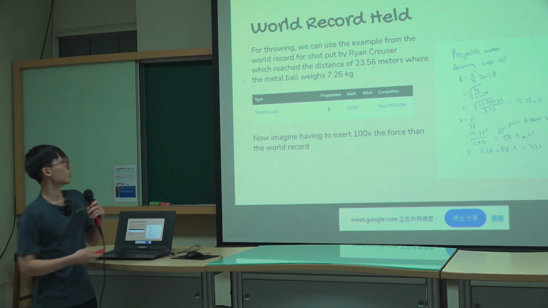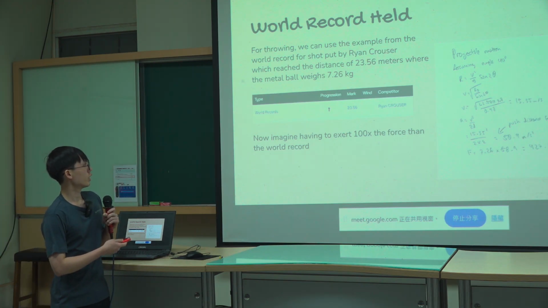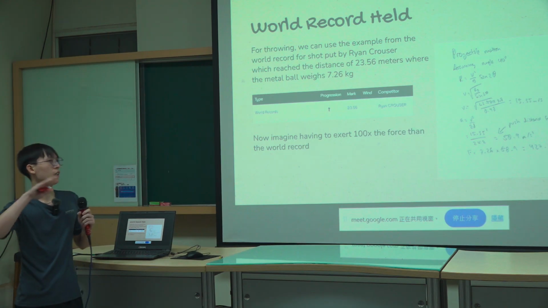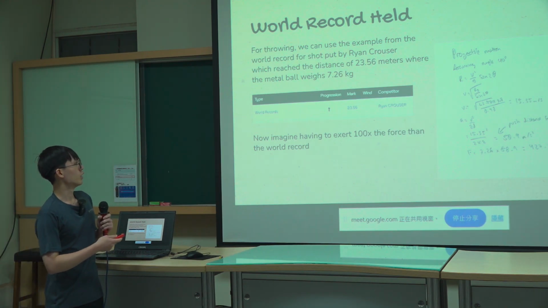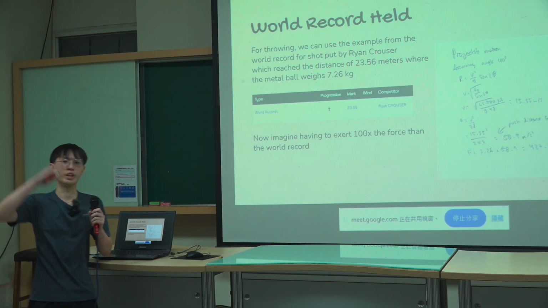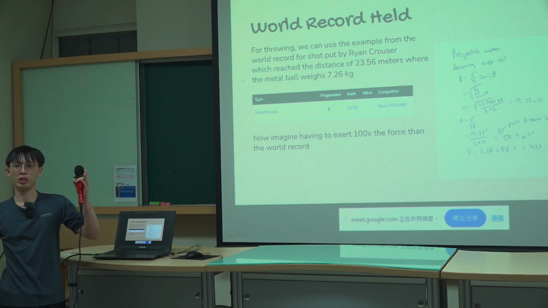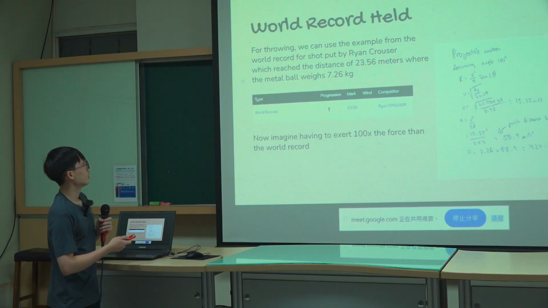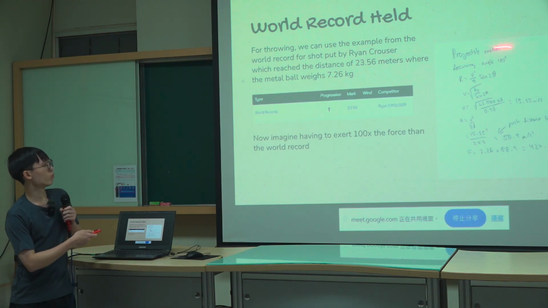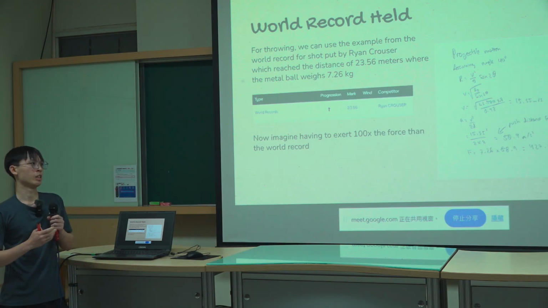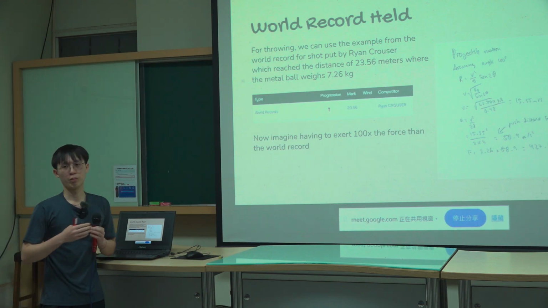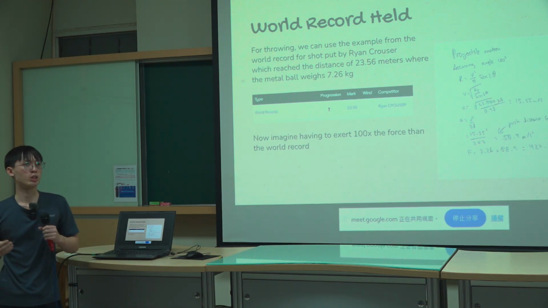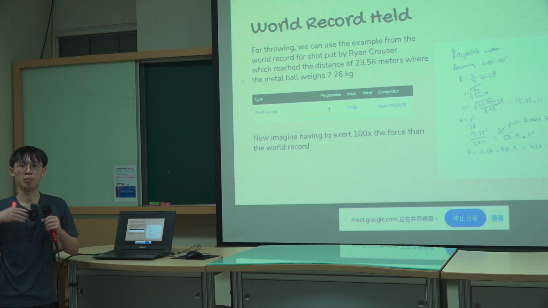So we used the projectile motion formula to find the velocity. We assume the angle is 40 degrees because in actual elite shot put competition, people usually throw at that angle for the best results.